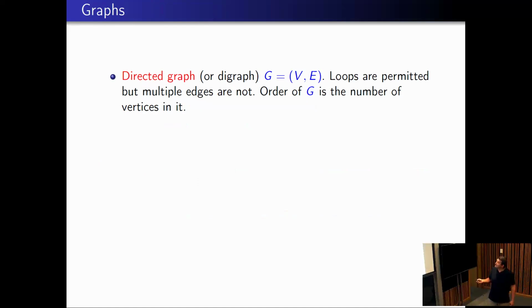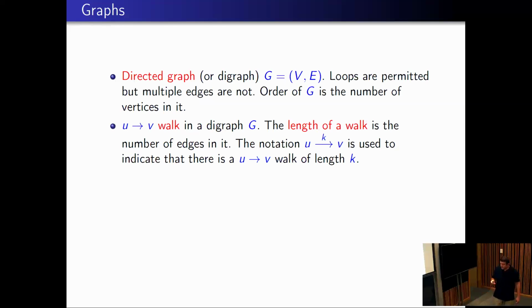Vertices, edges. I permit loops, but no multiple edges. And the order of my graph is the number of vertices. This is the usual language of graph theory, which I'm going to use throughout. So let me just briefly recall.